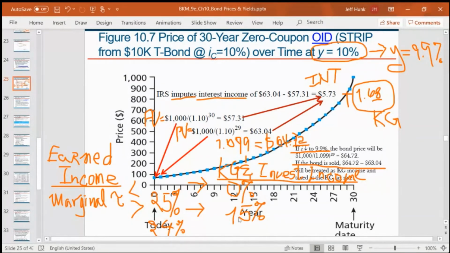So if you're above the 25% marginal tax rate, you pay 15% on capital gains, dividend income or interest income. So that's what Warren Buffett meant.